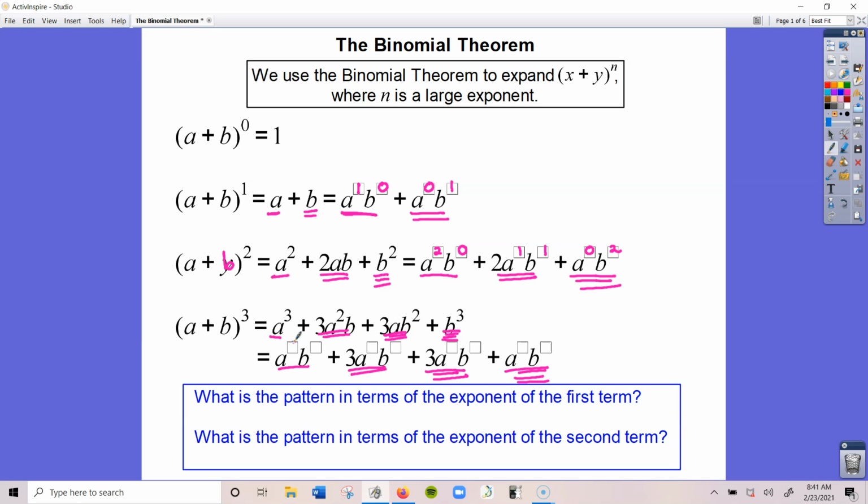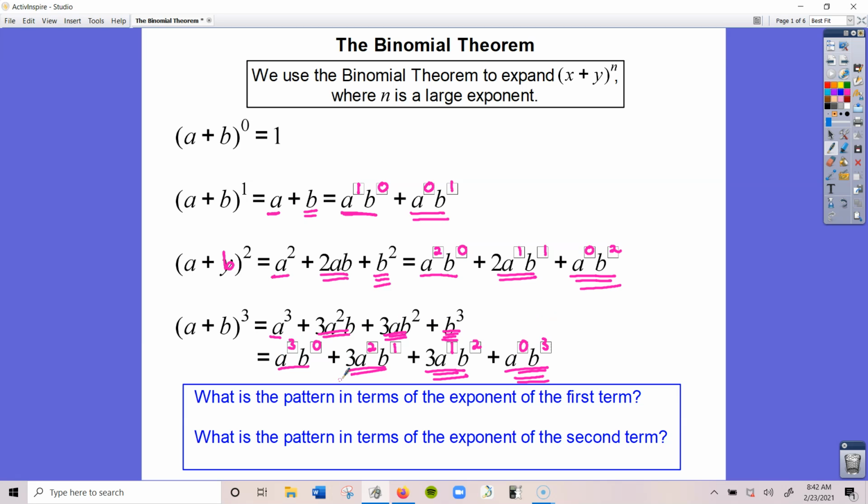For a to the third, a has the exponent of 3, and since there's no b, the exponent would be 0. For 3a squared b, the exponent of a is 2, and the exponent of b is 1. For 3ab squared, the exponent of a is 1, and the exponent for b is 2. And lastly, for b cubed, there is no a, so 0, and b has an exponent of 3.